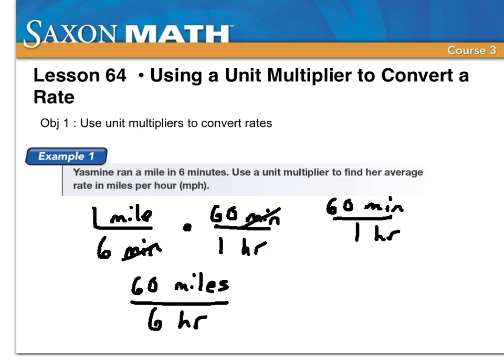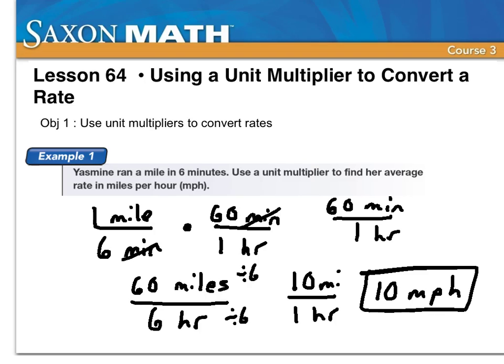So I need to figure out how many miles per 1 hour that's going to be. Well, to get from 6 hours to 1 hour, I need to divide by 6. So on the top, I'm going to take 60 divided by 6, and that's going to give me 10 miles for every 1 hour, or 10 miles per hour as my rate.